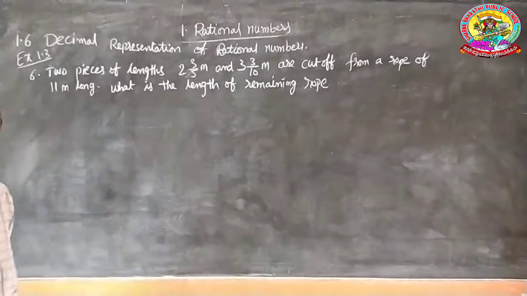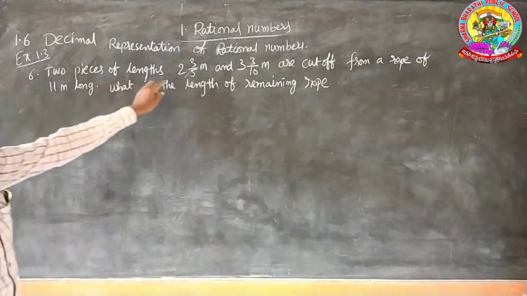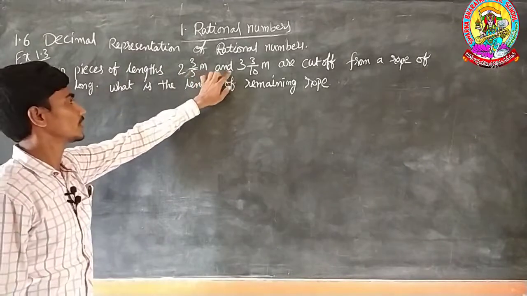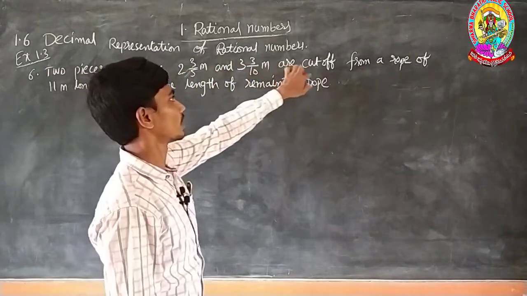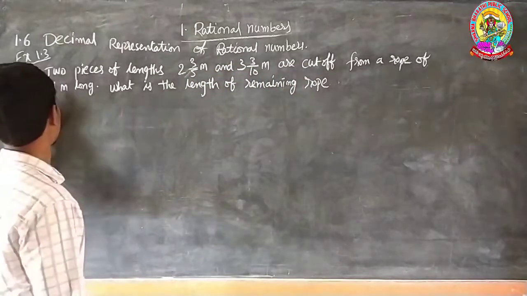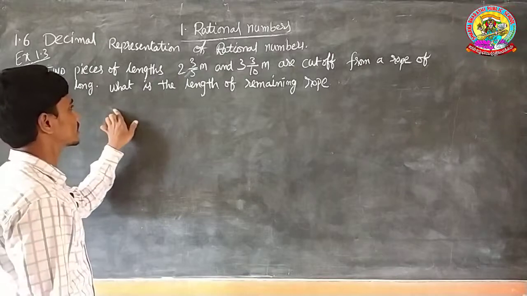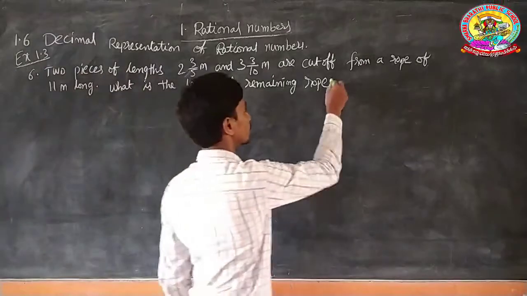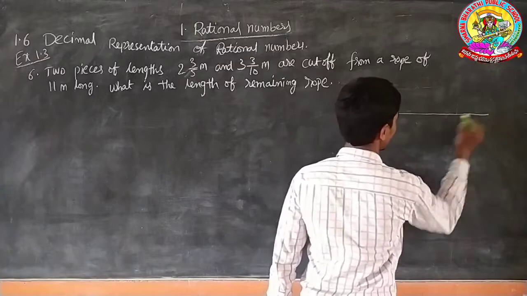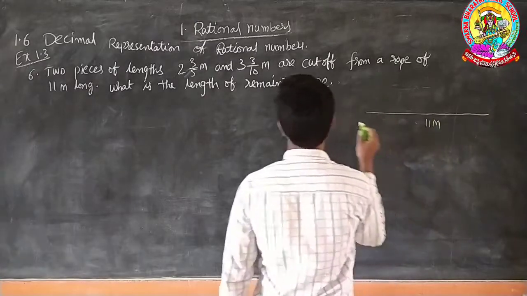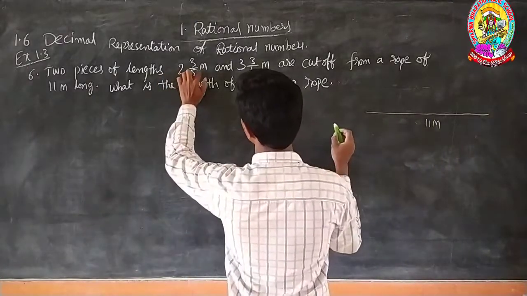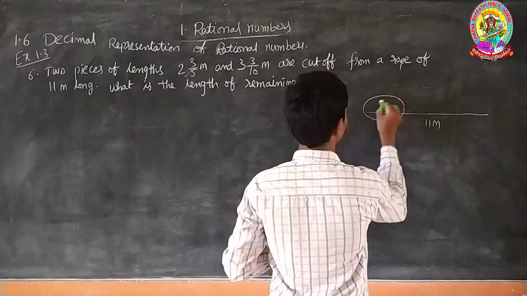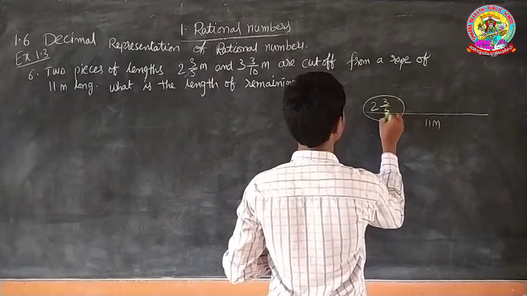So now the question is, two pieces of length 2 3 by 5 meters and 3 3 by 10 meters are cut off from a rope of length 11 meters. What is the length of the remaining rope? If you consider this is the 11 meter rope, what are the cut parts? The cut part is 2 3 by 5.